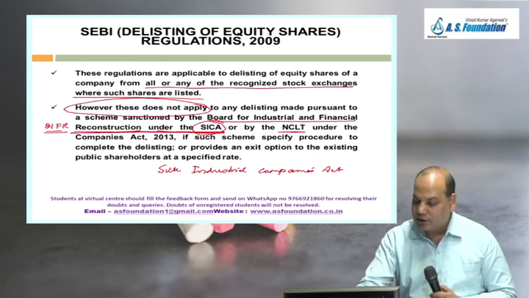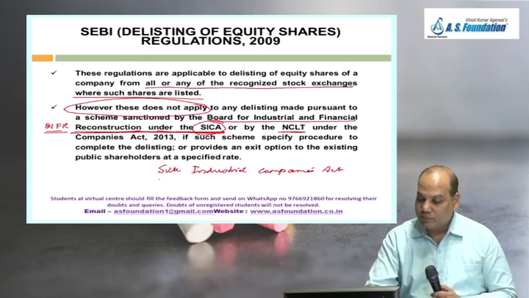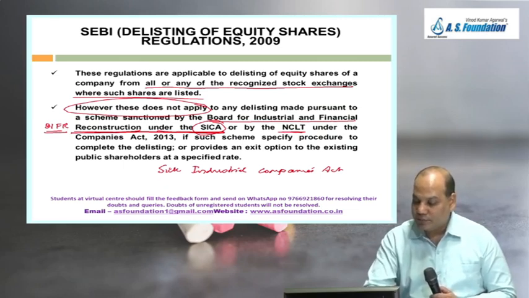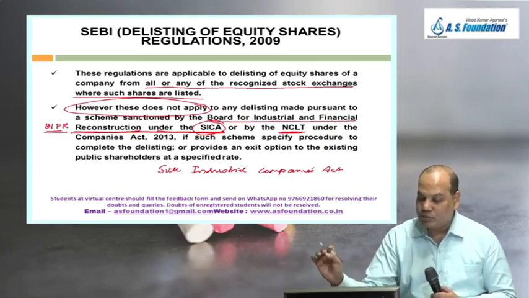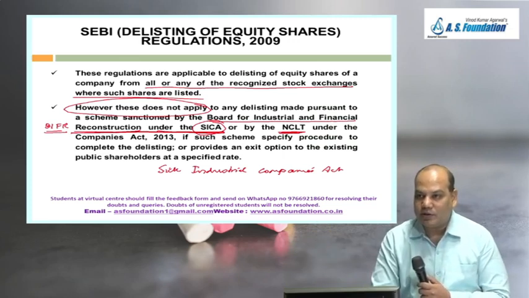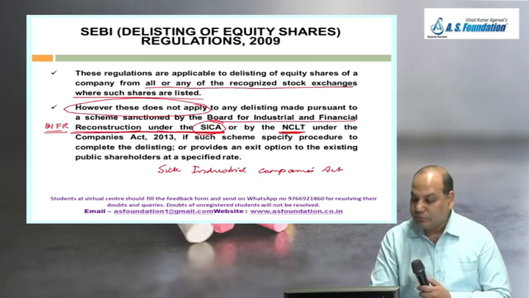Or by the NCLT. What is NCLT? National Company Law Tribunal. So if the delisting is pursuant to a scheme approved by either BIFR or NCLT, then these regulations are not applicable.